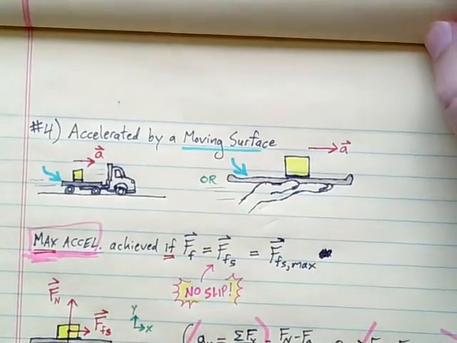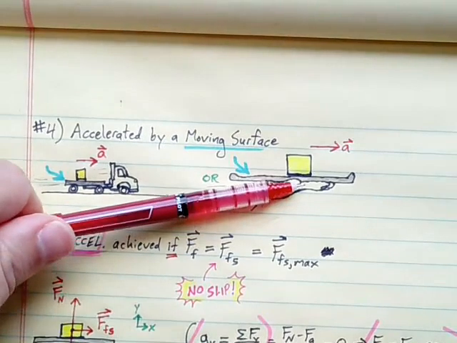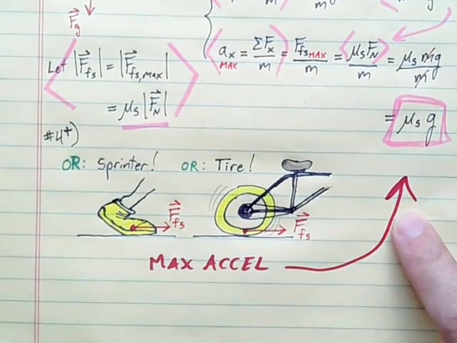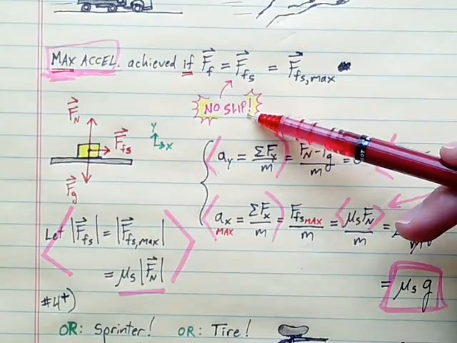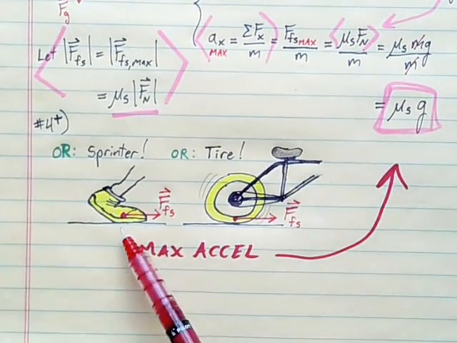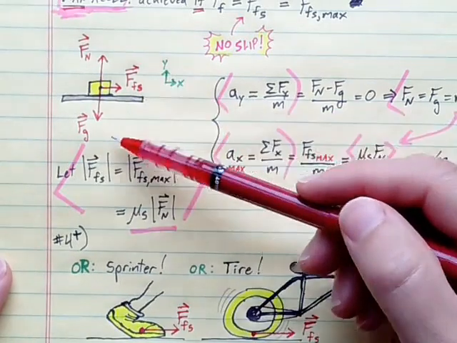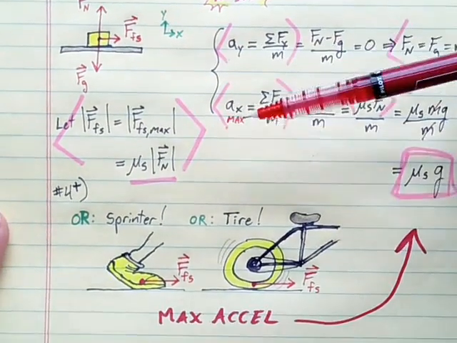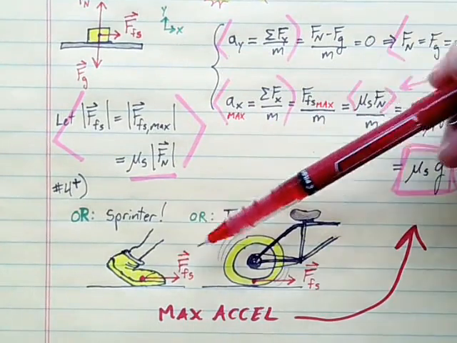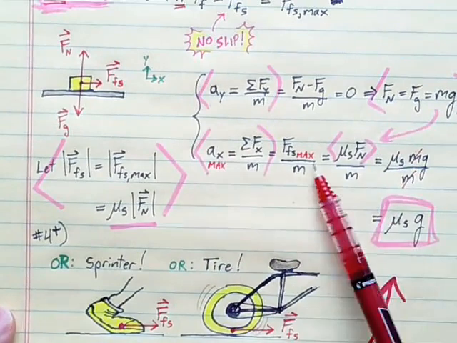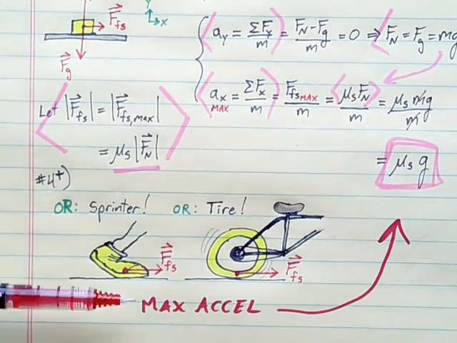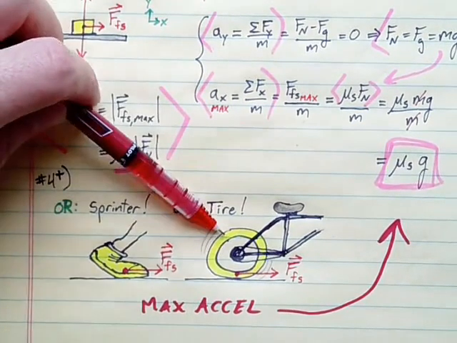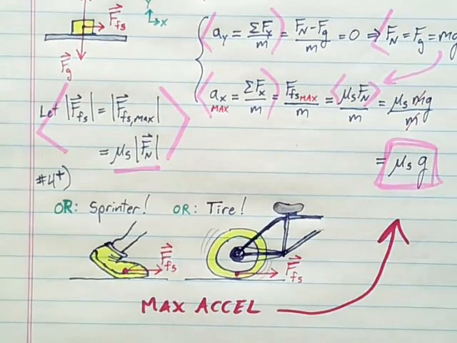So whether the surface is pushing the object to the right or the object is pushing off of the surface, if there's no slippage between the two surfaces, it'll be static friction causing the acceleration. And so this FBD right here would be the correct one for either of these two scenarios as well. So this calculation also gives us the maximum acceleration that your sprinter can achieve pushing off of the ground, or that your bicycle or your car can achieve as its tire is pushing off of the ground using that static friction, no slip.